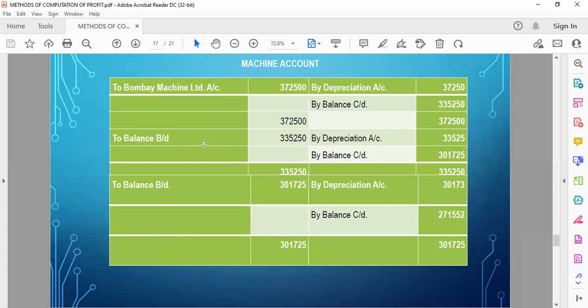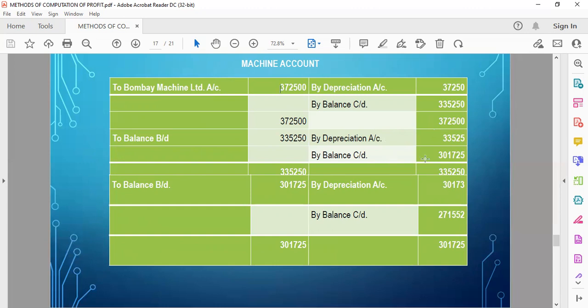In the second year, you write to balance BD 3,35,250. From this amount we calculate 10% depreciation by depreciation account: 3,35,250 into 10 by 100 is 33,525.